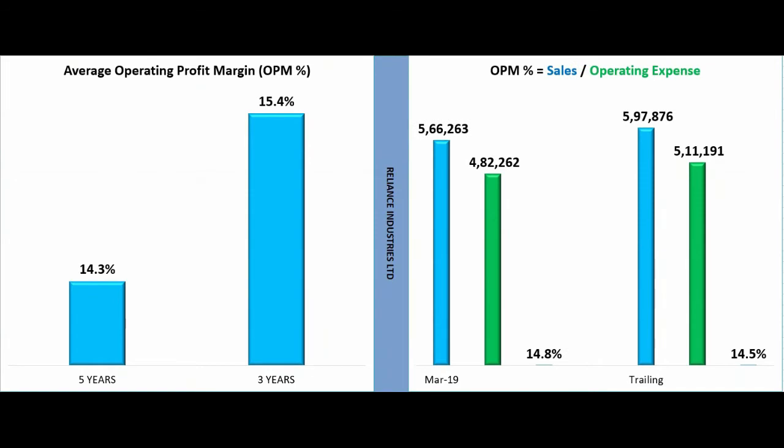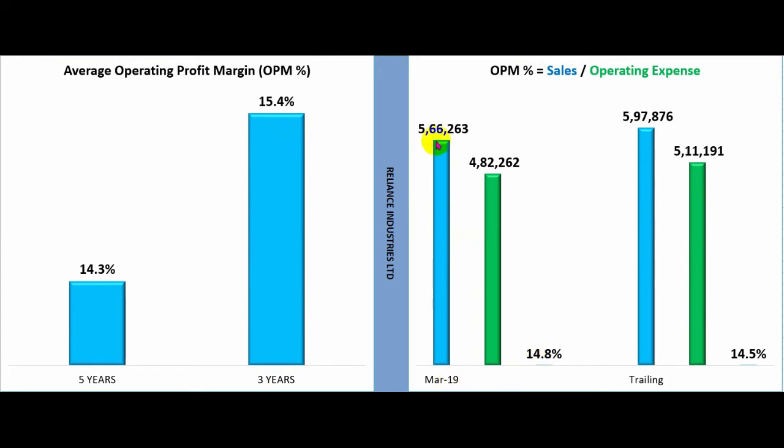Moving on to the next chart, the average operating profit margin of the last 5 years stood at around 14.3%, whereas in the last 3 years, it stood at around 15.4%. So this is the average of the last 3 years. Let us look at the 19 OPM margin. It was 14.8%.